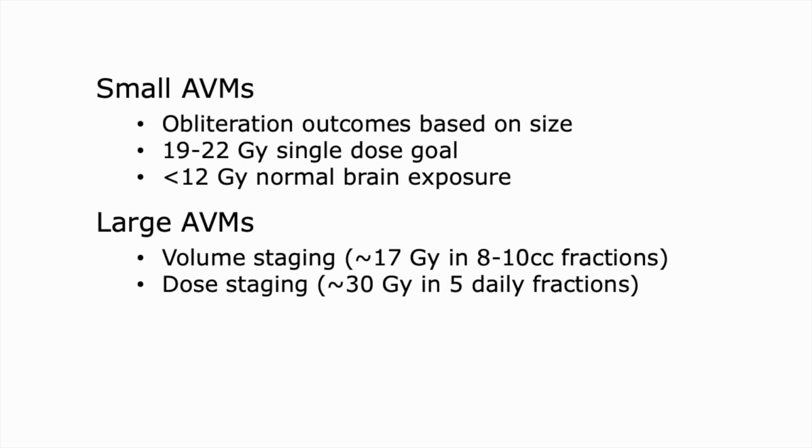For larger AVMs, measuring 1.5 centimeters or more, it's common to employ one of two fractionation strategies, including volume staging, where the volume of the AVM is broken up into 8 to 10 cc fractions, or dose staging, where approximately 30 gray are delivered in 5 daily fractions.